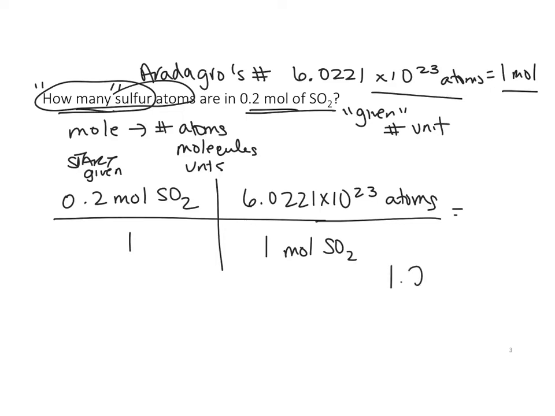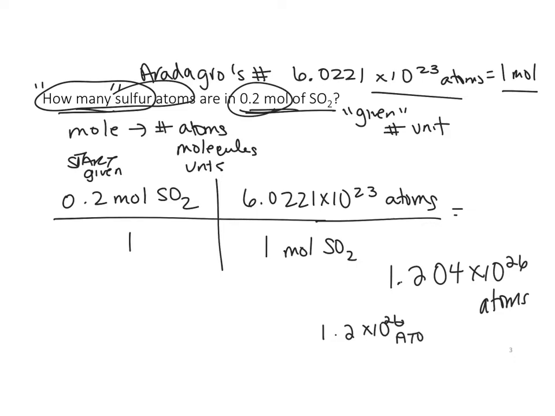It gives me 1.204 times 10 to the 26 atoms. And then your significant figures will always be however many numbers are there. But technically that's even 2 significant figures and that's 1, but we're not going to worry about it.